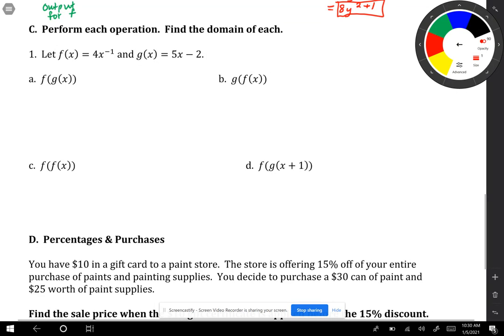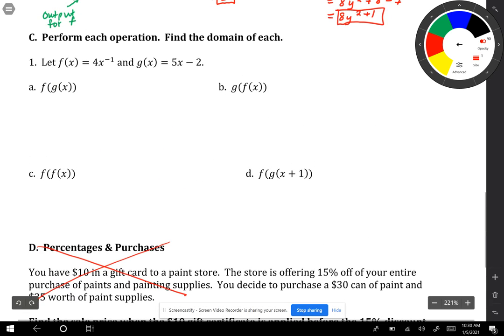Let's do a couple more, and we are not going to do D because it might be confusing. So you can cross out D, and we just won't do that. Perform each operation, find the domain of each. Here's f, and here is g.